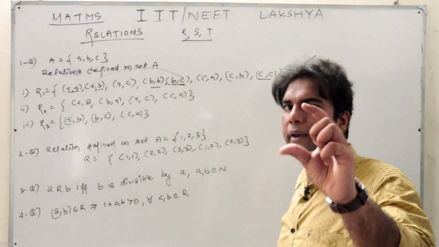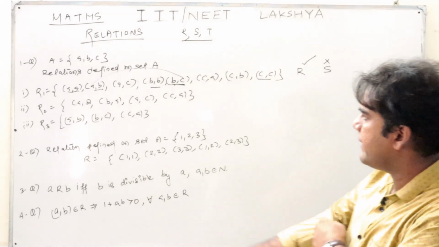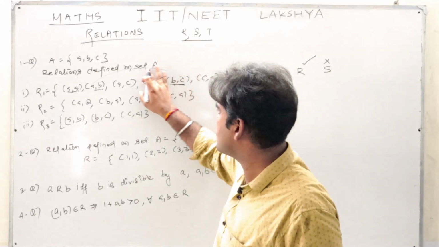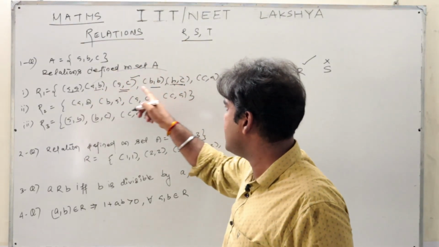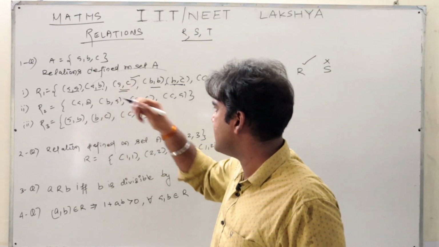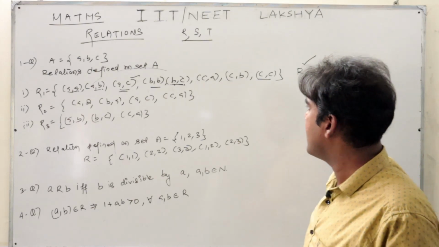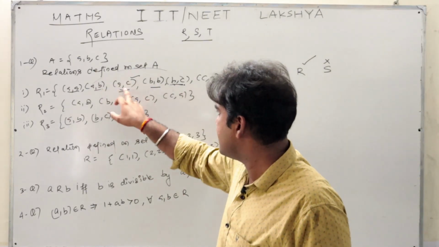Even if one pair is not there, then the whole transitivity will be lost. AB is there, BC is there, but AC, sorry, AC is there. AB is there, BC is there, AC should be there. AC is there.